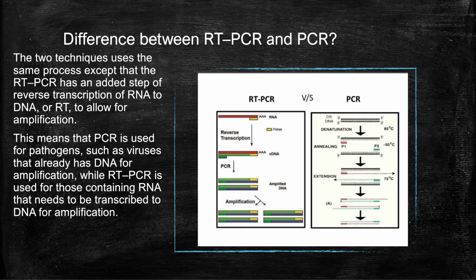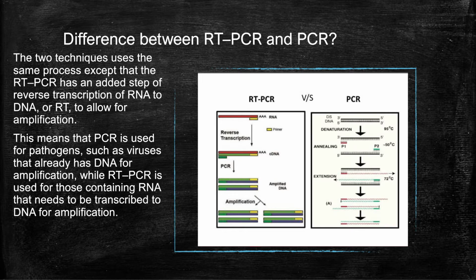So what is the basic difference between a normal PCR and an RT-PCR? This image suggests the difference between RT-PCR and PCR. Both the techniques use the same process, except the RT-PCR has an added step of reverse transcription of RNA to DNA, or RT, to allow for amplification.